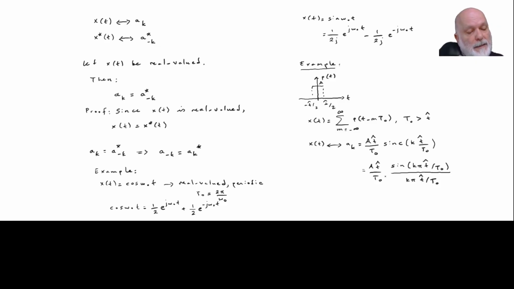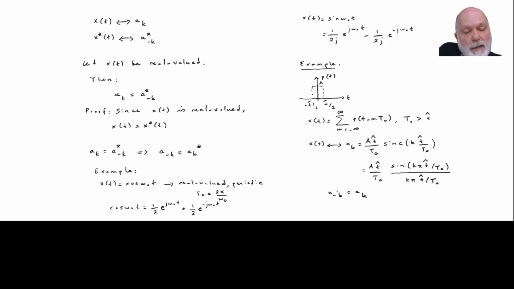But obviously, a minus k is equal to ak conjugate, but ak is real valued, so a minus k is equal to ak in this case. So we have this property.